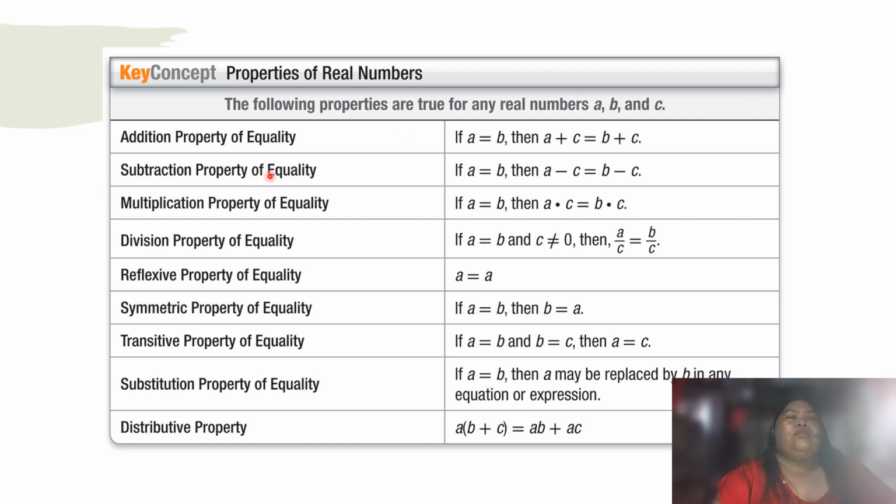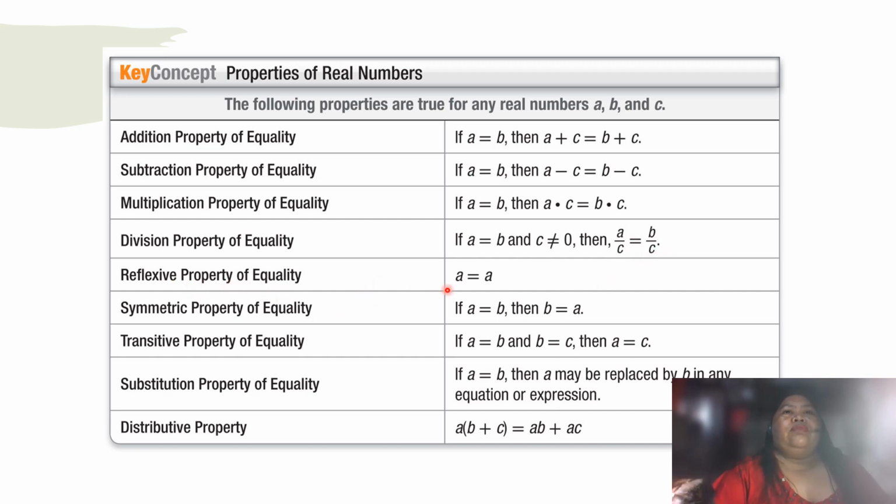For subtraction property of equality, if a equals b, then a minus c equals b minus c. For multiplication property of equality, if a equals b, then a times c equals b times c. For division property of equality, if a equals b, and c is not equal to 0, then a over c equals b over c.